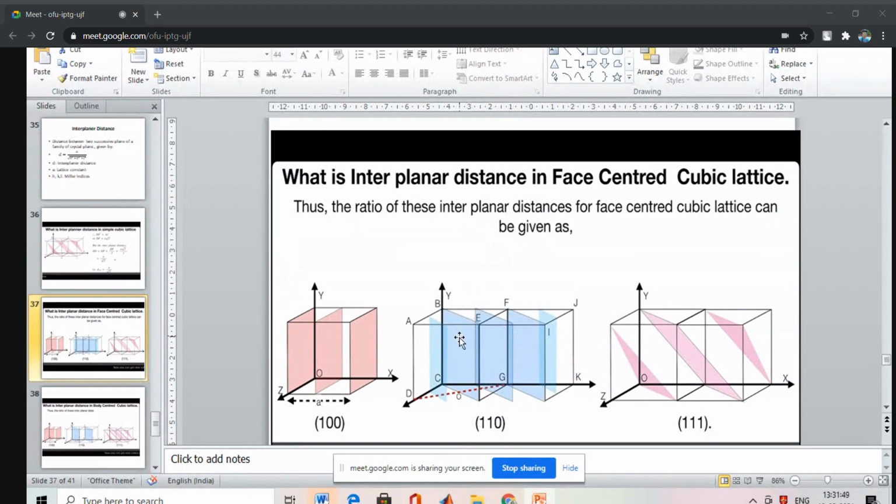Crystal planes are the planes passing through the lattice points or crystal atoms. Okay, so if the position of the atoms is changed, then the distance between two successive planes will change. Okay, and according to that, the colors reflected from the crystal will change. So interplanar spacing is very sensitive.